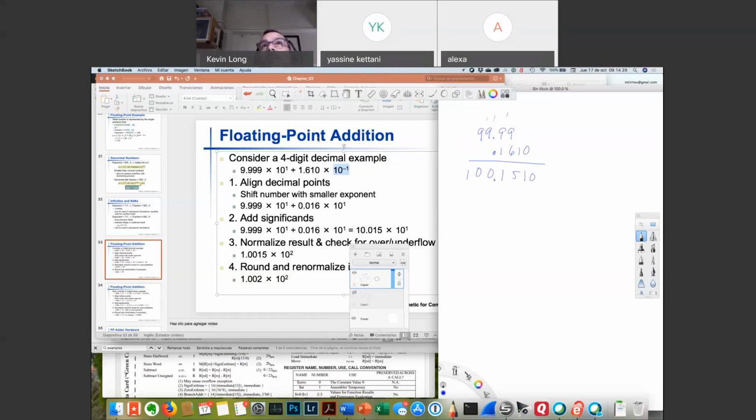What I had to do here to my decimal points was align them. And the rule of thumb that we're going to use is to always shift the number that has the smaller exponent of the two. In other words, make it match the big one.